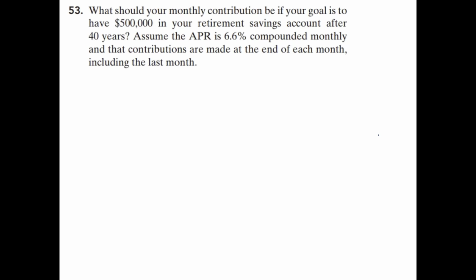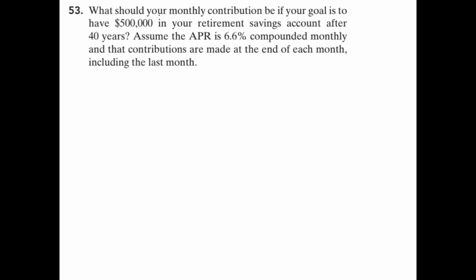What should your monthly contribution be if your goal is to have $500,000 in your retirement savings account after 40 years? Assume that the APR is 6.6% compounded monthly, and that the contributions are made at the end of each month, including the last month. Okay, so again, you need to know what formula you're going to use.